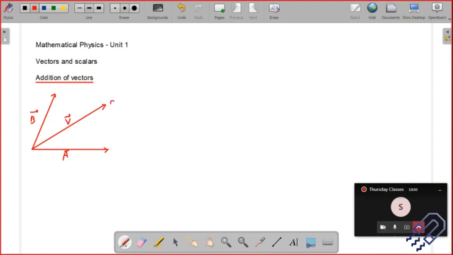Let me say this is your C. Then maybe you can draw some dotted line. Let me try to make it better. This is basically the image that I have here.